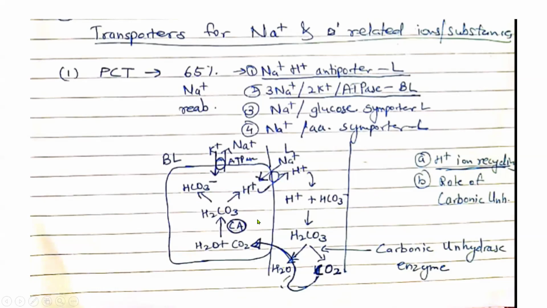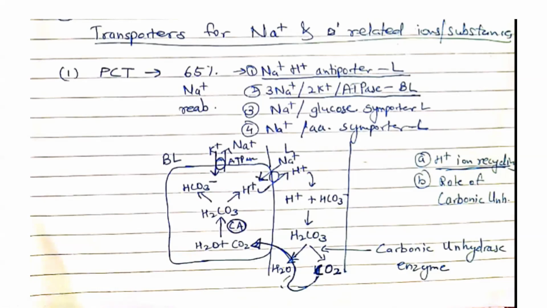If I inhibit this carbonic anhydrase enzyme, there is no H plus formed. No H plus entering the lumen, no sodium coming in. Because of this, more and more sodium has to reside in the lumen, and more and more sodium will go to the latter part of the nephron.